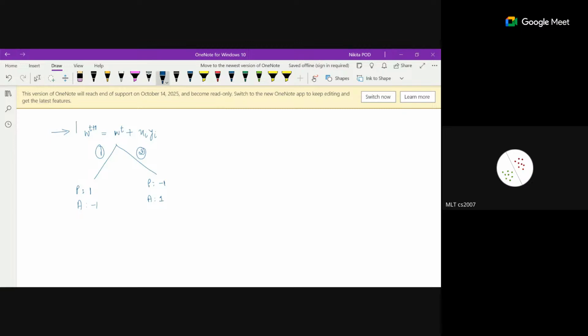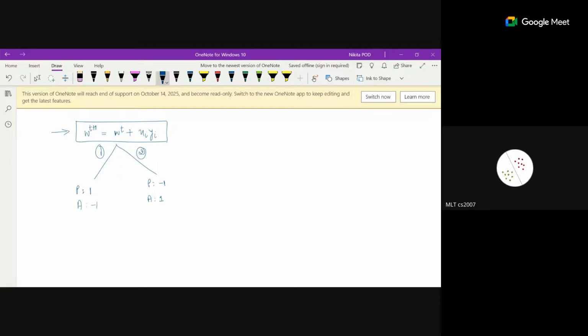But if you look at this update rule, we are talking in general. This is in general, because of how the rule has been defined. Theoretically we are able to see the kind of mistakes happening here.